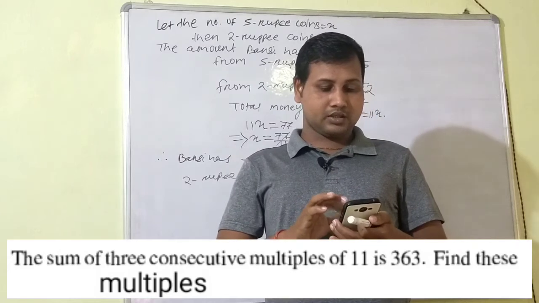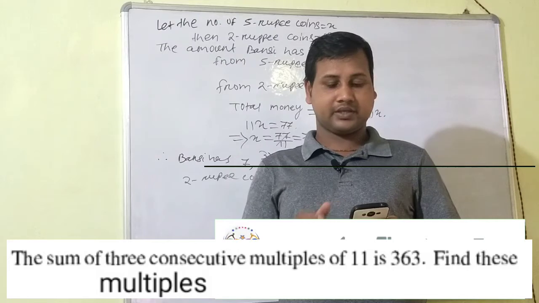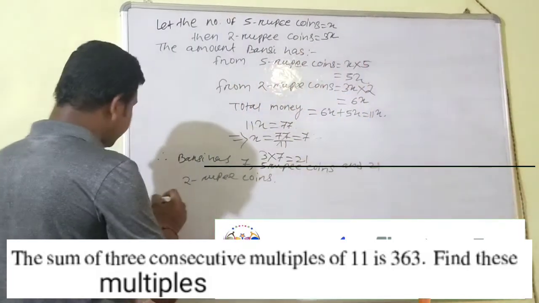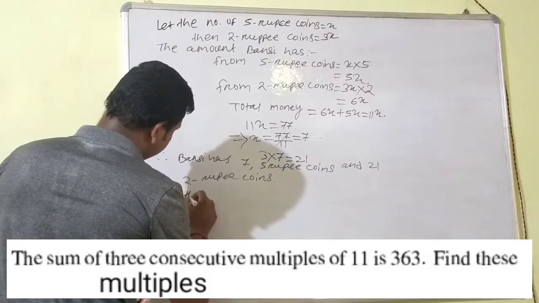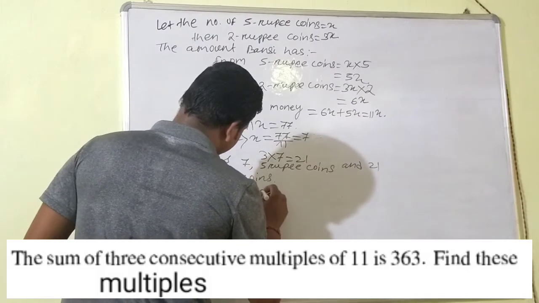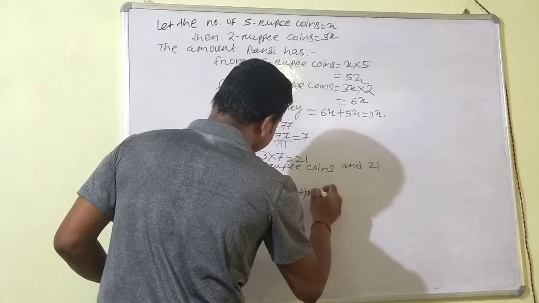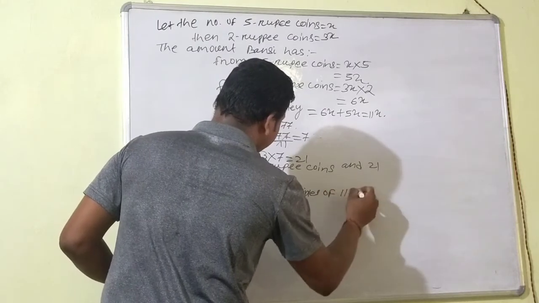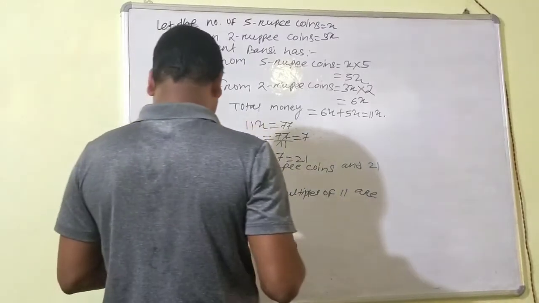So according to the question, sum of 3 consecutive multiples of 11. So we'll write, let the consecutive multiples of 11 are 3 consecutive multiples of 11 already given.